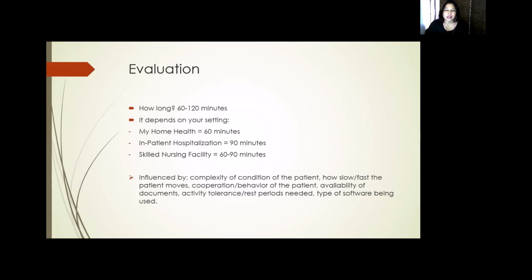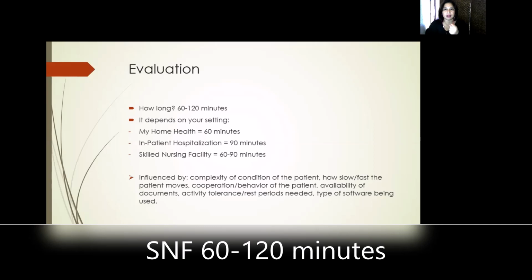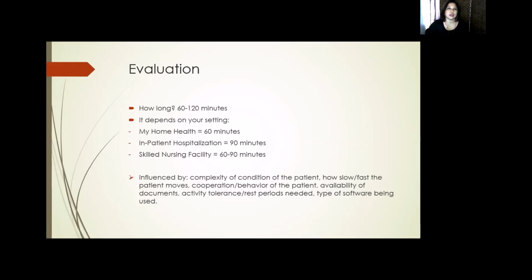In a skilled nursing facility, or what we call SNF, it can last from 60 minutes to 90 minutes. And I meant there 120 minutes, not 90 minutes. So 60 to 120 minutes. I feel good to do evaluation within a 90-minute range. So that is a good average time for me to complete my evaluation.